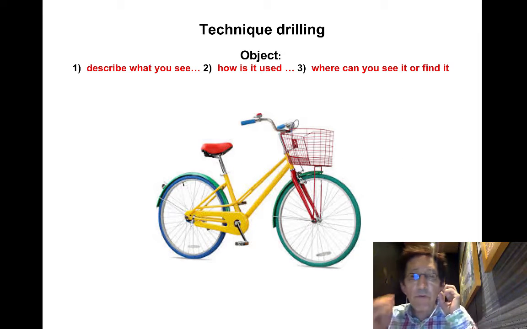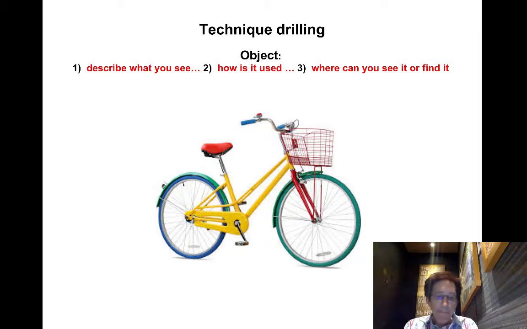Okay, very good. Let's go to the next object, page 5. This object is a vehicle.